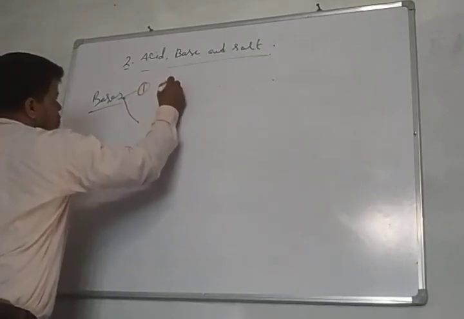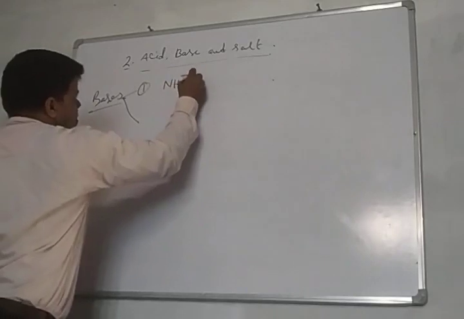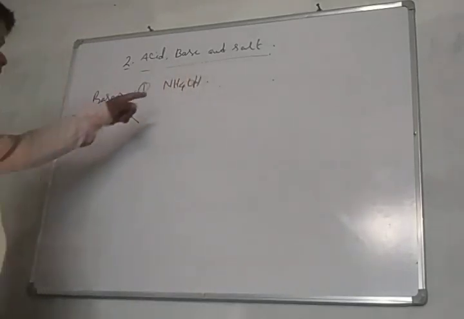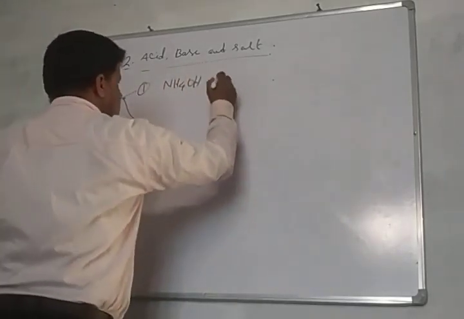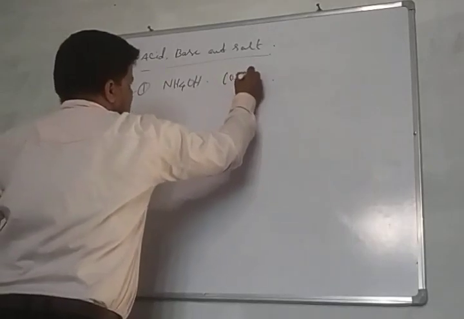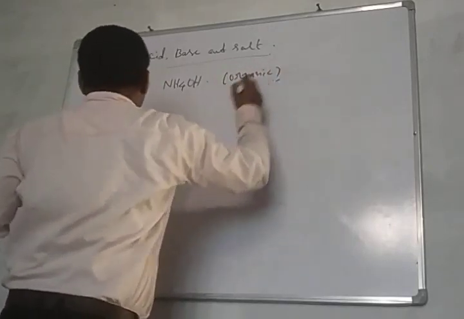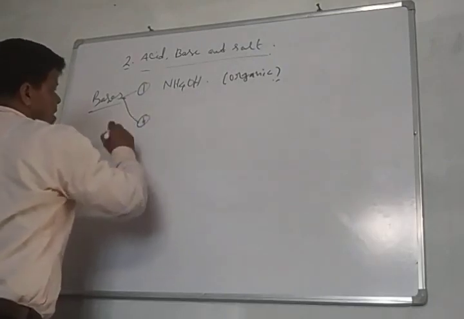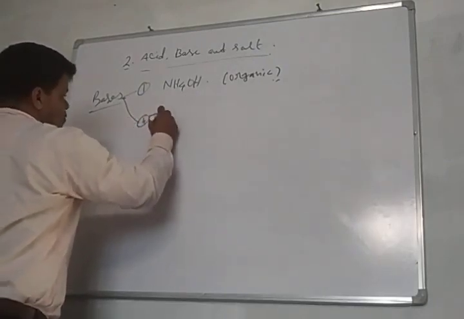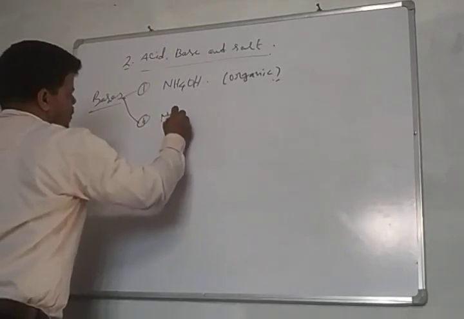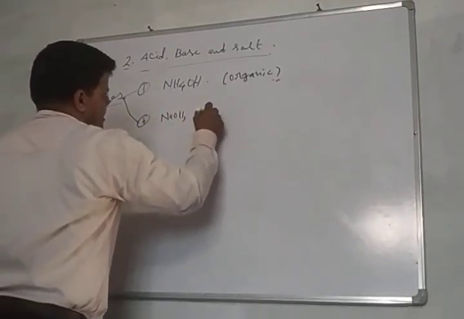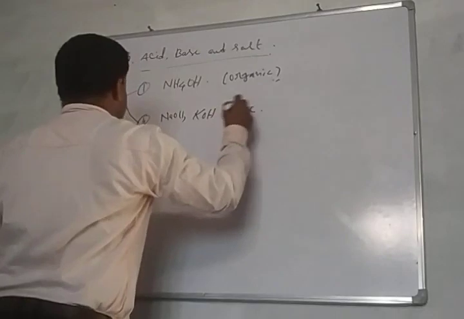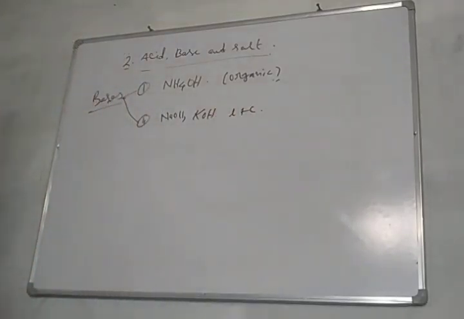Example of organic base: ammonium hydroxide, NH4OH. Synthetic bases, for example, sodium hydroxide, potassium hydroxide, etc.